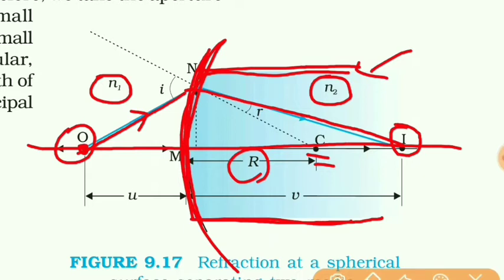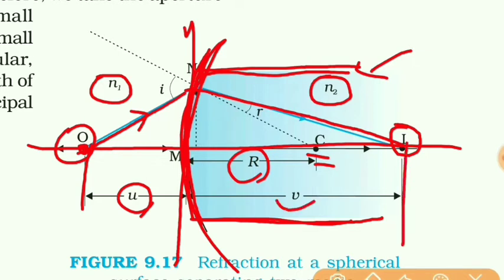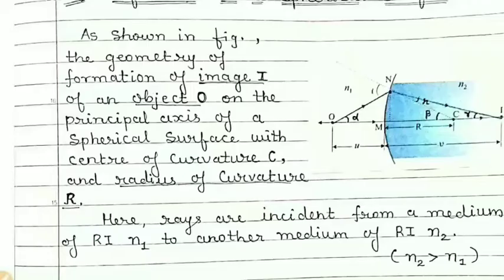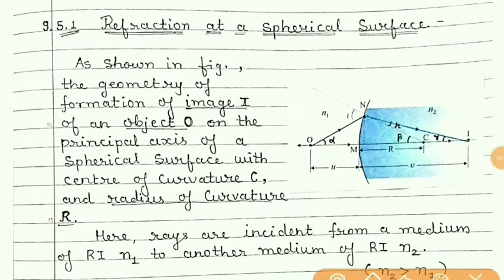And as usual, from this curved surface, from this line, this distance is object distance u, and where the image is formed, this distance small v is image distance. So now students, it is clear that in the figure capital I indicates image and capital O indicates point size object.